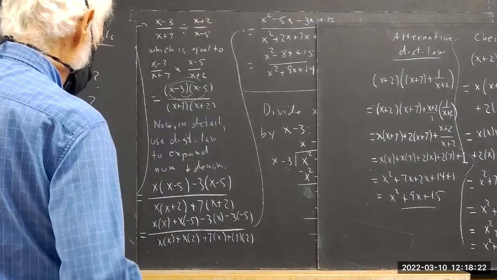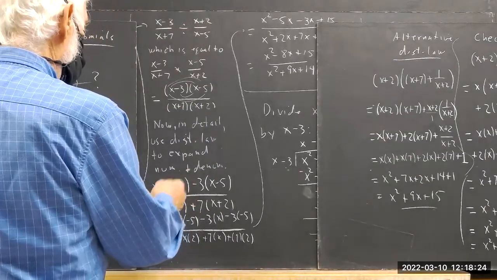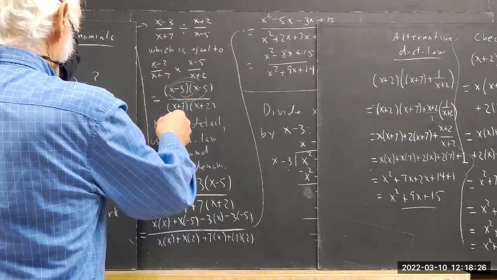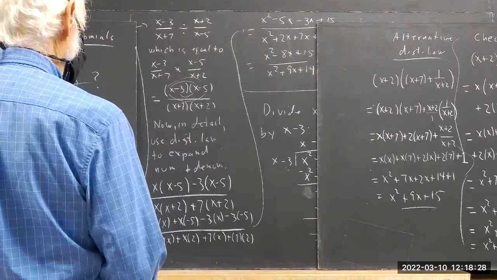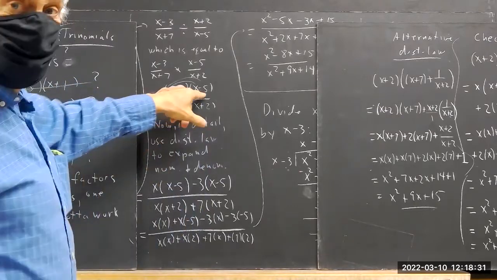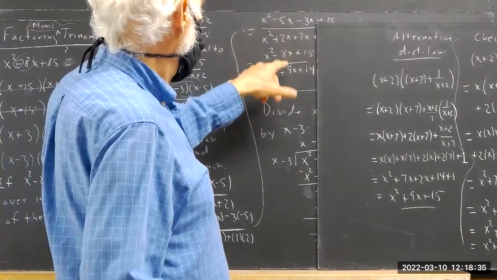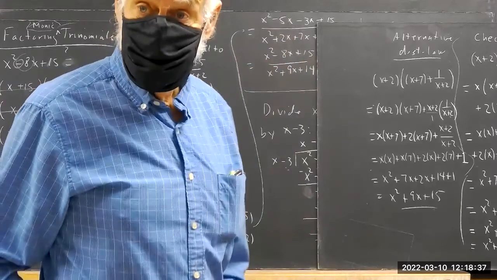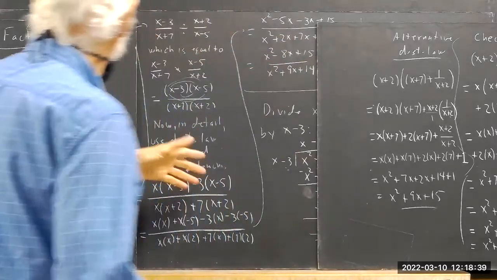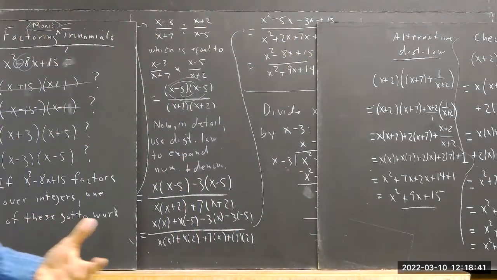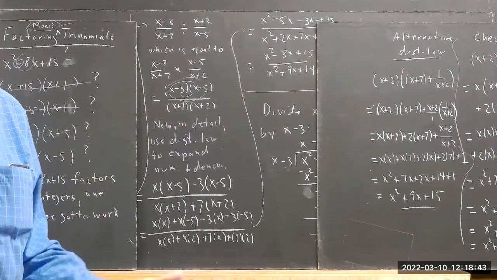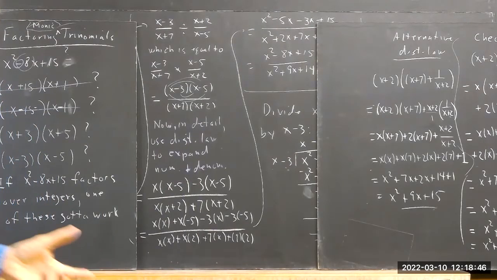Of course, we know that, because all the way back here, we used the distributive law to multiply x minus 3 by x minus 5, and we got x squared minus 8x plus 15, right? So this is how we work it backward. We have to understand the distributive law and understand what we're doing in either case.